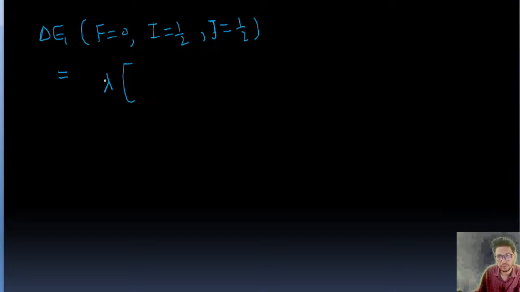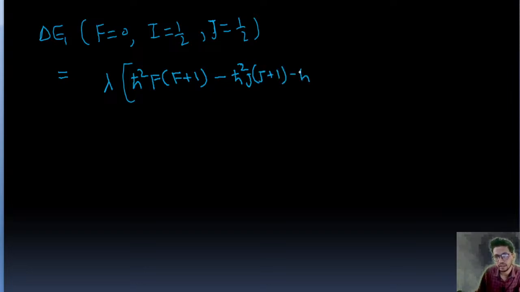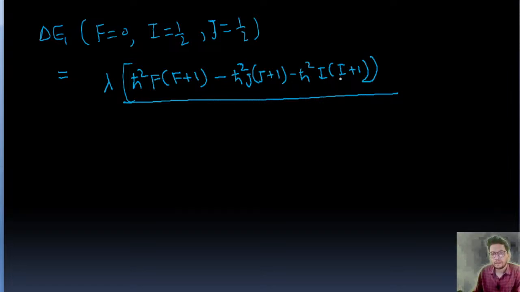This is going to be lambda h cut square f into f plus 1 minus h cut square j into j plus 1 minus h cut square I into I plus 1 upon 2, right? So these are the values, we'll put them.